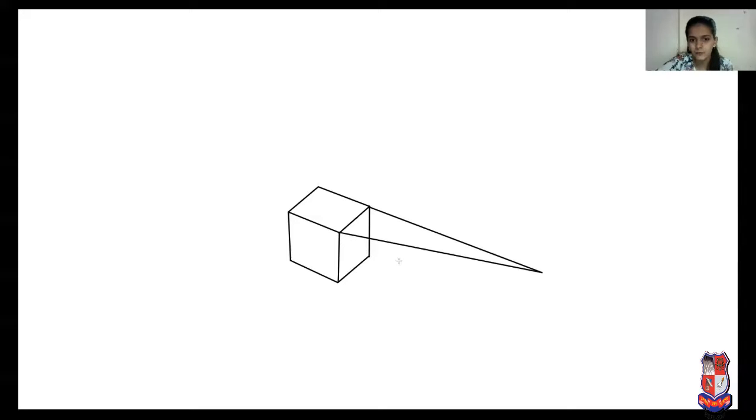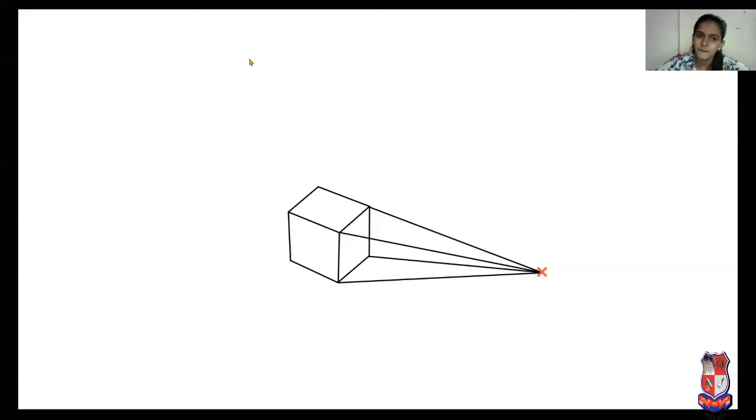One set of non-parallel lines is going to merge in this point. So now this is a 1-point perspective view because it's a single vanishing point over here. The 4 lines meeting at a point is known as the vanishing point. And in this figure, there is only 1 vanishing point. So it's a 1-point perspective view.